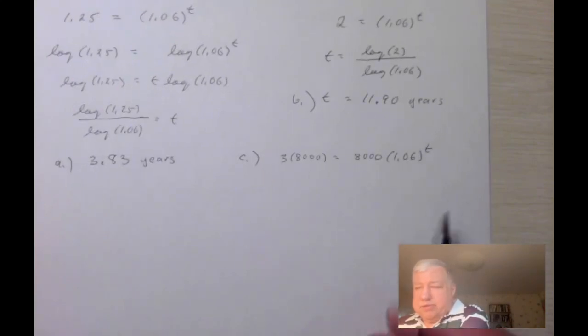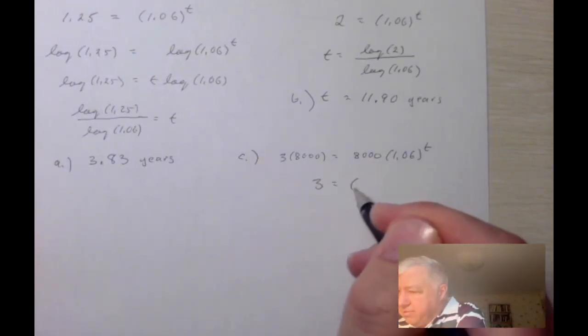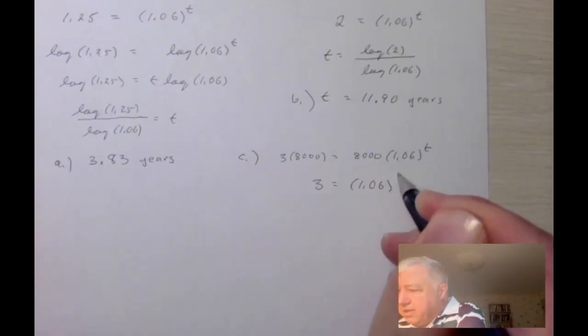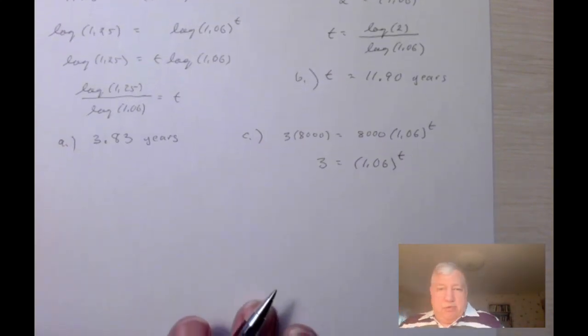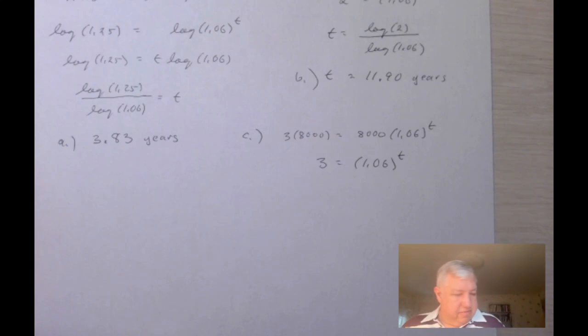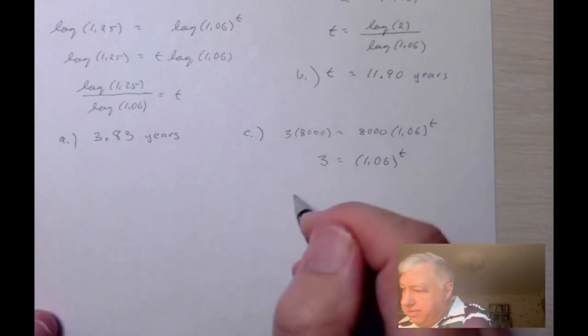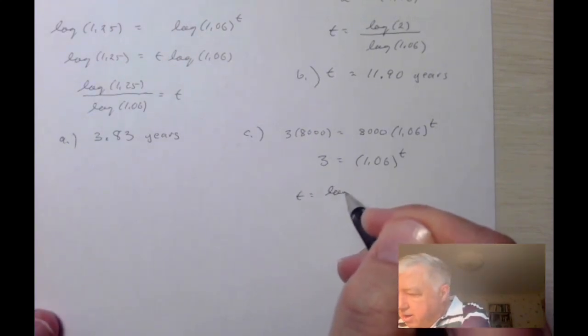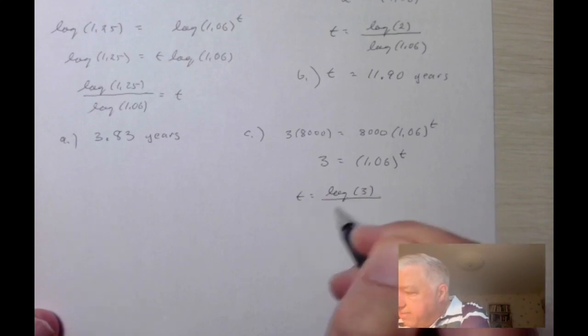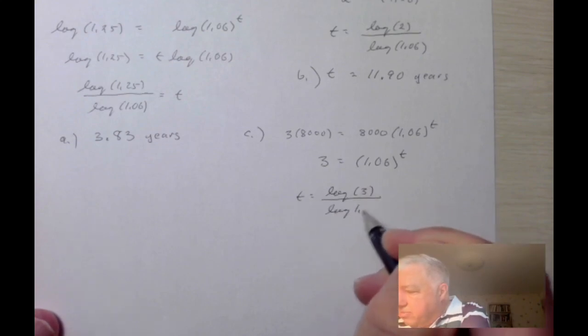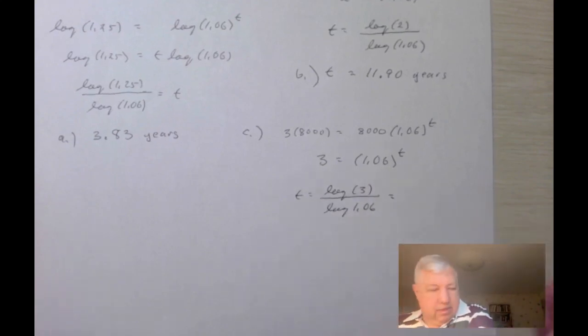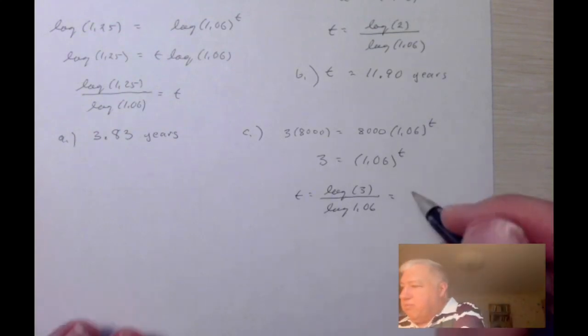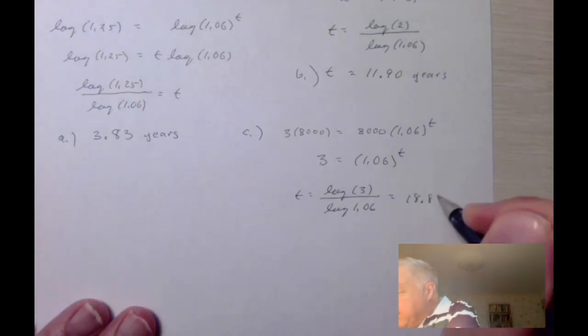Divide by 8,000 again, and you get 3 equals 1.06 to the t. Do the same process again, taking the log of both sides and bringing the t out in front, and t will be the log of 3 divided by the log of 1.06, which is approximately 18.85 years.